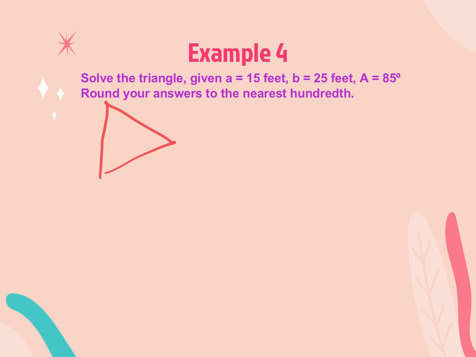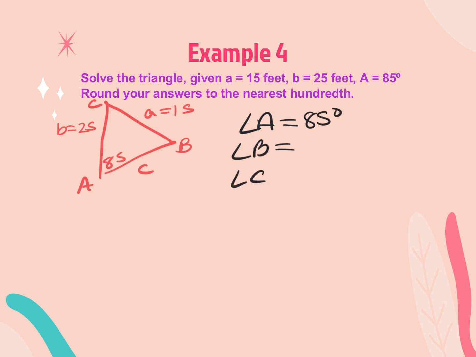So let's say I label this as A. So this is 15, this is 85, and then this is B and B, and this is C, and little c's here. So again, angle A, 85. Angle B, don't know. Angle C, don't know. Side A, side B. Side C, I don't know.